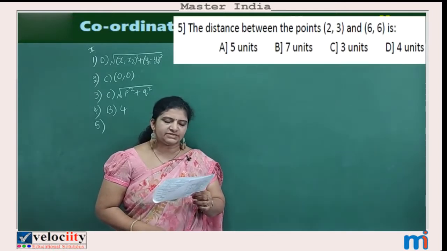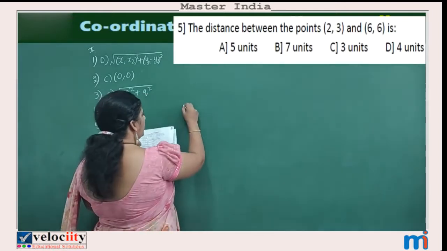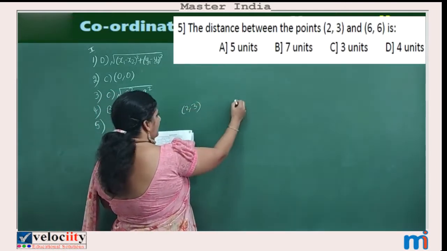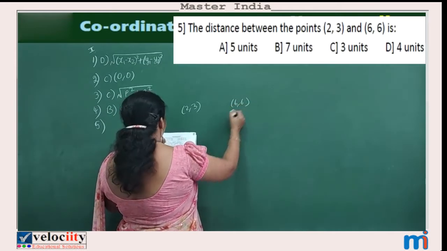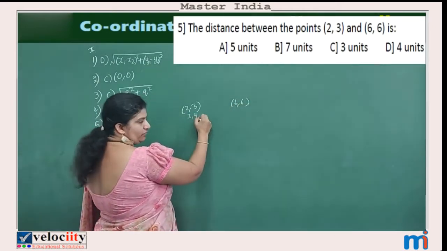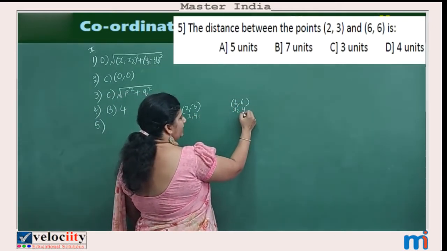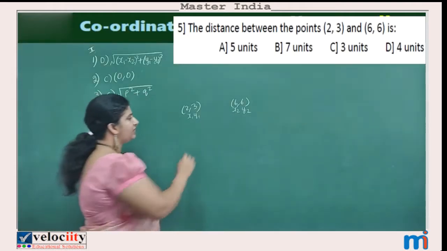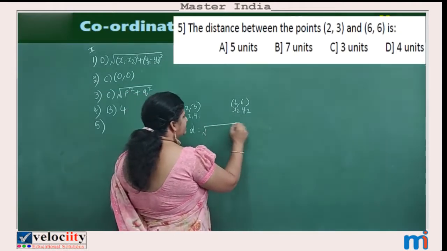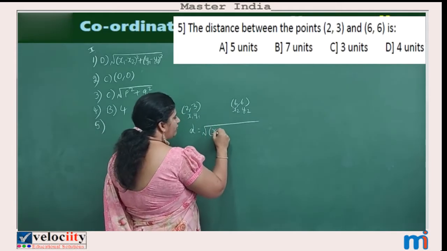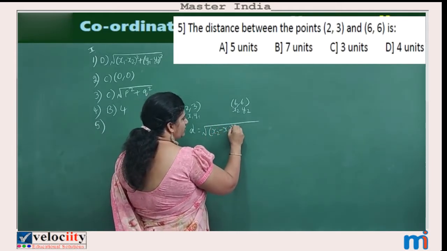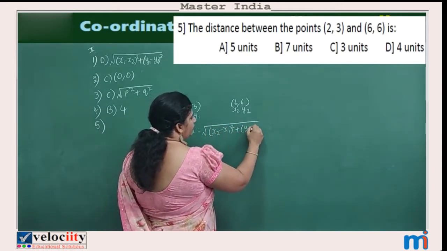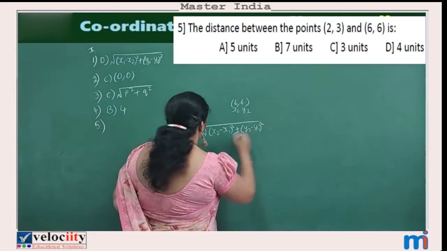Fifth one, the distance between the points 2, 3 and 6, 6. We take the coordinates like this: x1, y1, x2, y2. What is the distance formula? D is equal to the square root of (x2 minus x1) whole square plus (y2 minus y1) whole square.